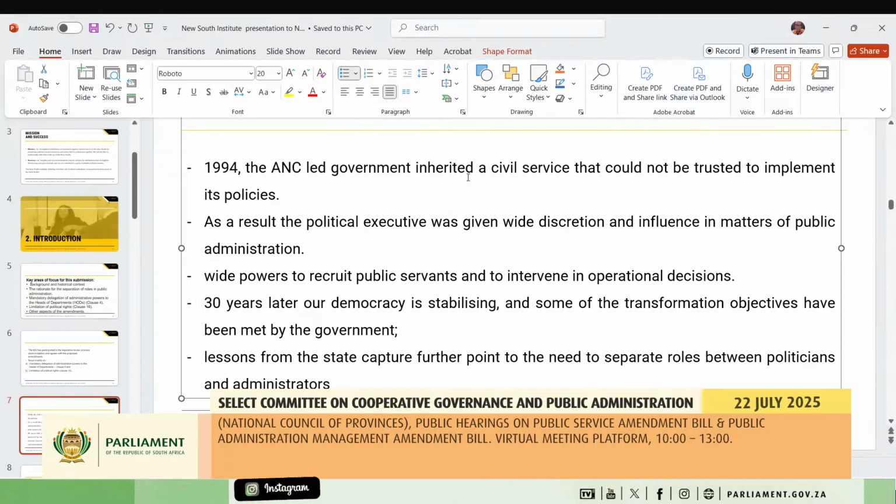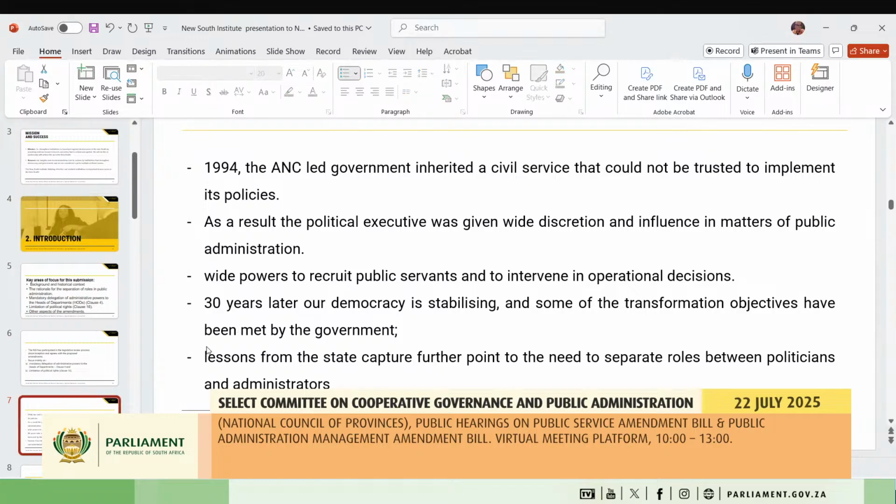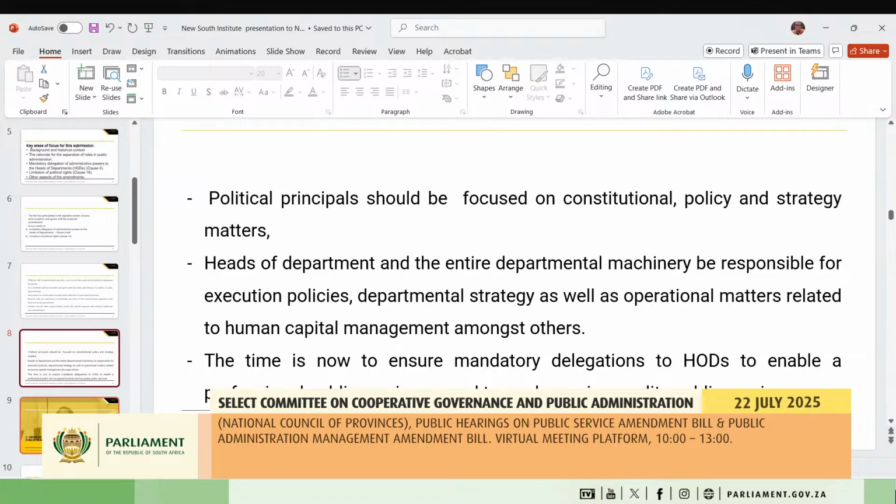Our view is that 30 years into our democracy, we are stabilizing, and some of the transformation objectives have been met by government. We also have lessons from state capture and other processes that point to the need to separate the roles of political principals and administrators.